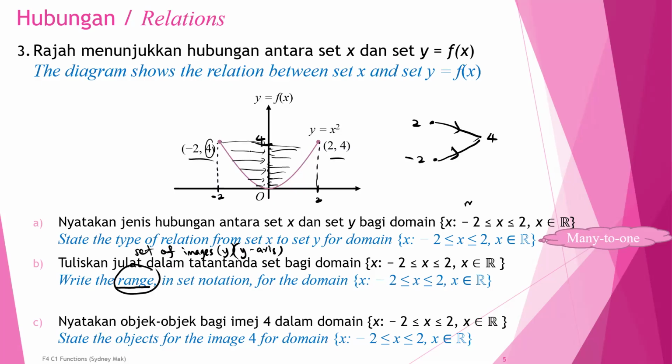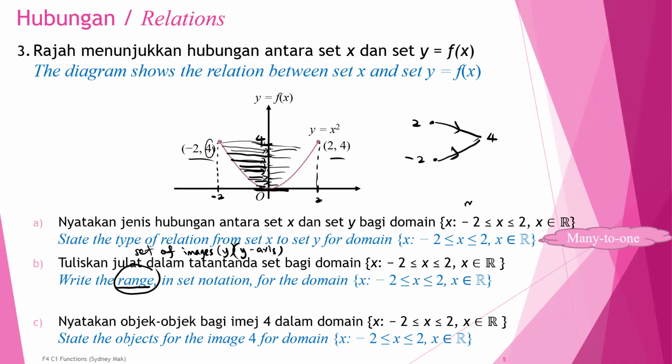Then all these also got y's. The smallest y that you see from this graph is, okay, wait a minute. Do you know how to see the y? The y-axis, right?